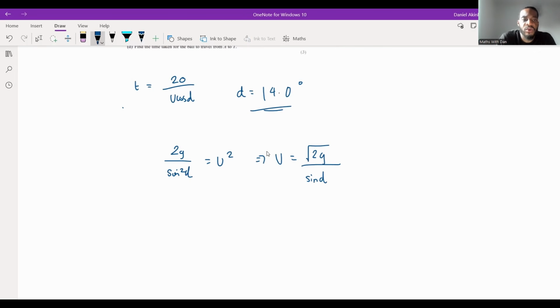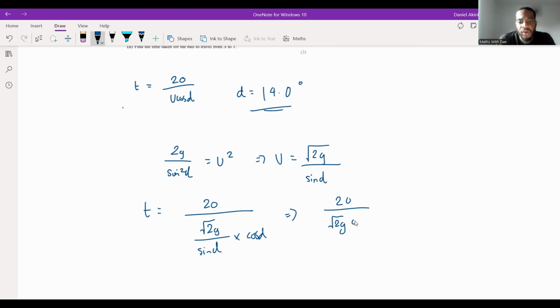So we could just say t is equal to 20 over u, which is root 2g over sine alpha, times cos alpha. And then we know what alpha is. Obviously, g is that. You could plug that all in there. Or if you want to be nice, algebraically you could write this as root 2g cos alpha over sine alpha.